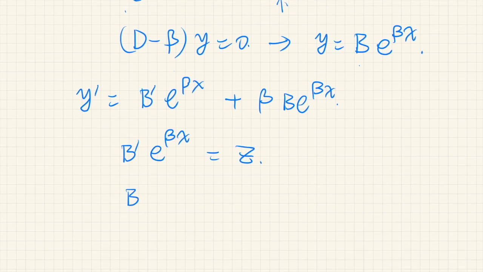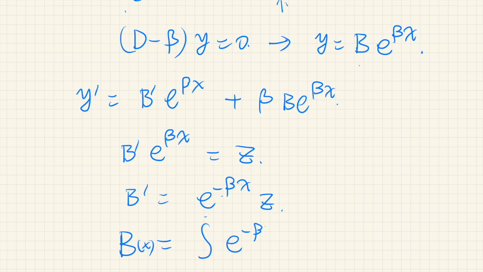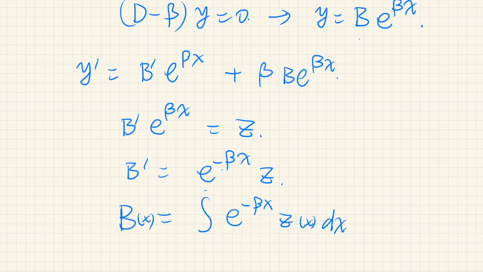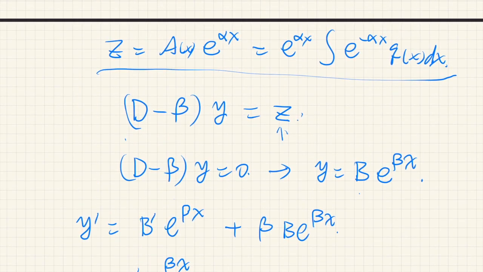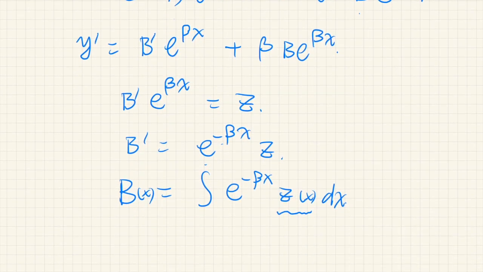Okay, therefore b prime is equal to exponential of negative beta x times z, and integrating both sides, we have b equal to the integral of this. Okay, now at this point, let's substitute this z of x by this function here.